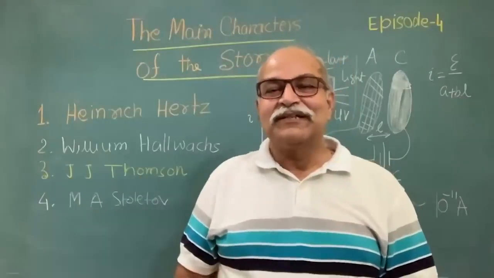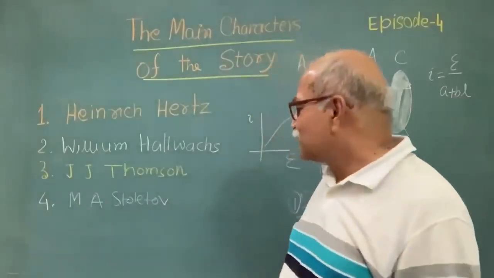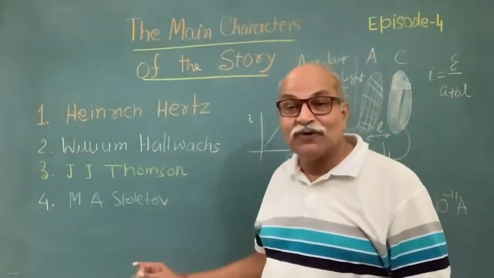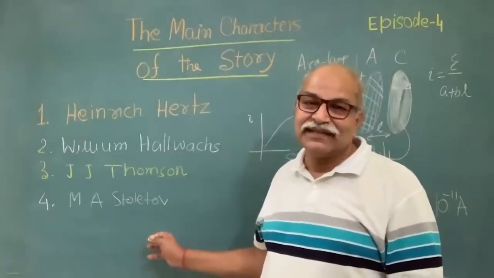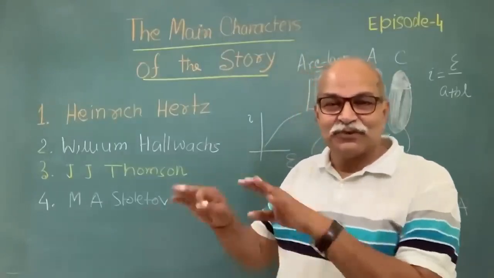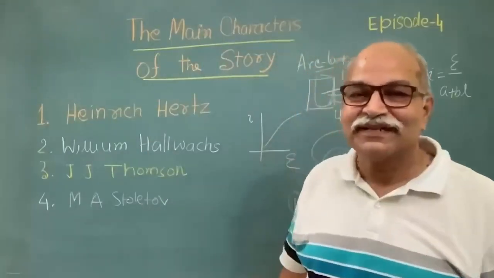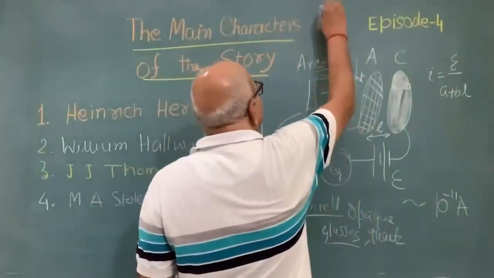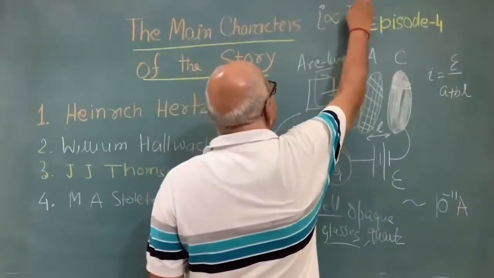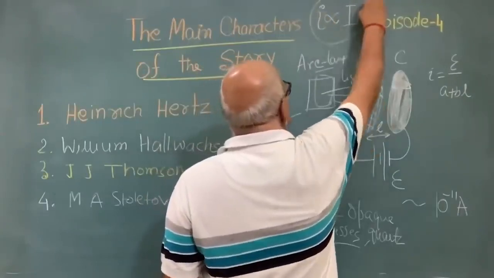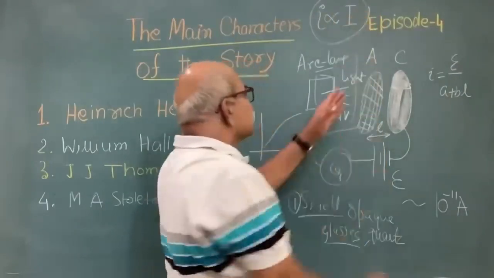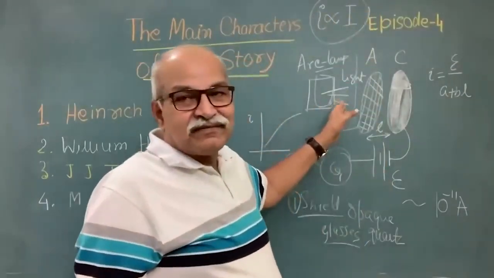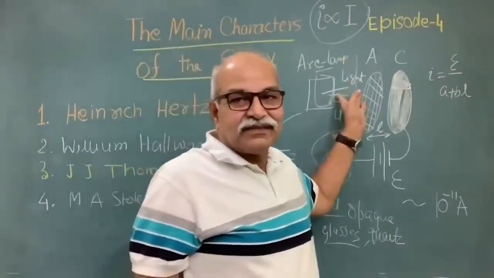But then there is something called Stoletov's law of photoelectric effect, and that must have come from the research that he has done, and that is: this current is proportional to the intensity of this light, this UV light, the intensity of the source.